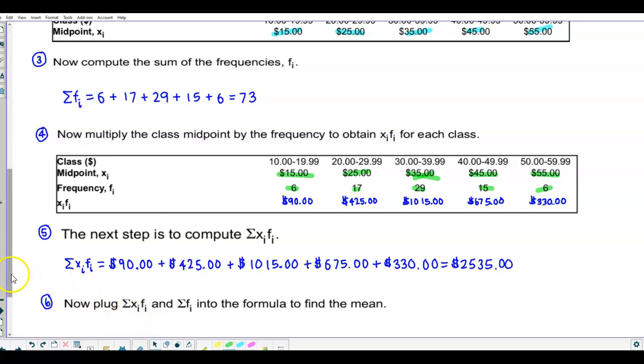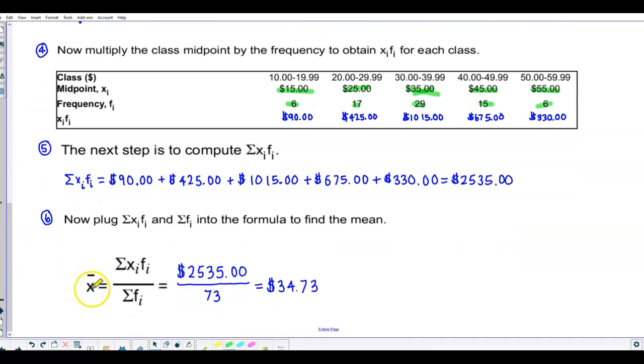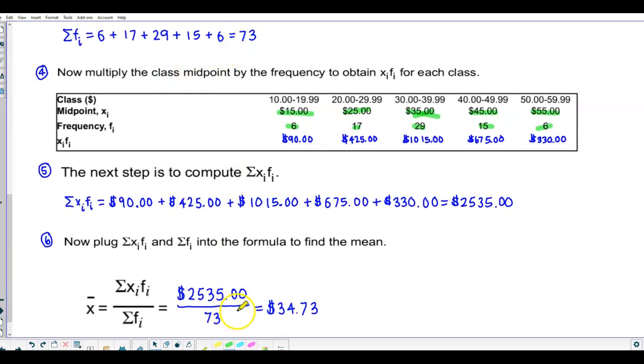Now we plug the sum of the frequencies and the sum we just found into our formula to find the mean. So the sample mean equals 2,535 divided by the sum of the frequencies, which is 73. And we end up getting $34.73.